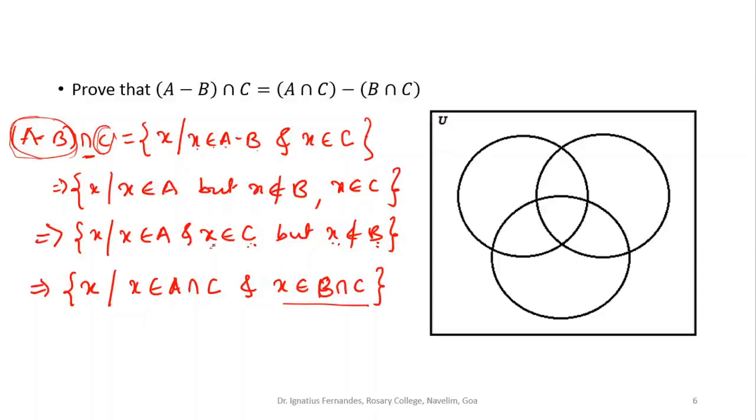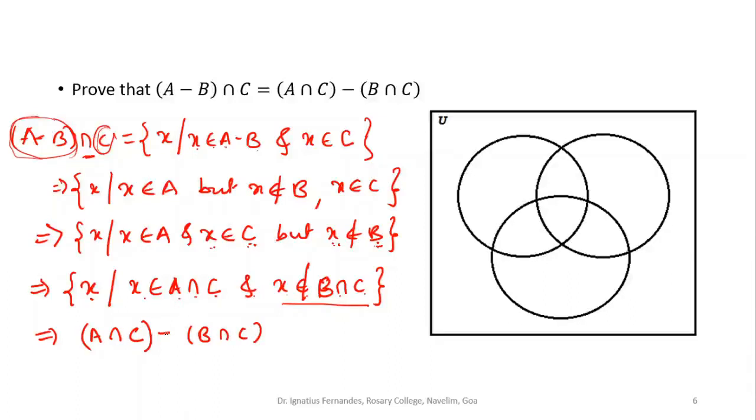That's because I know that x is in C and x is not in B. So x is not a common element in B and C. So x is not in B intersection C. So we have all x such that x is in A intersection C but x is not in B intersection C. So by definition, this is the set (A intersection C) minus (B intersection C).